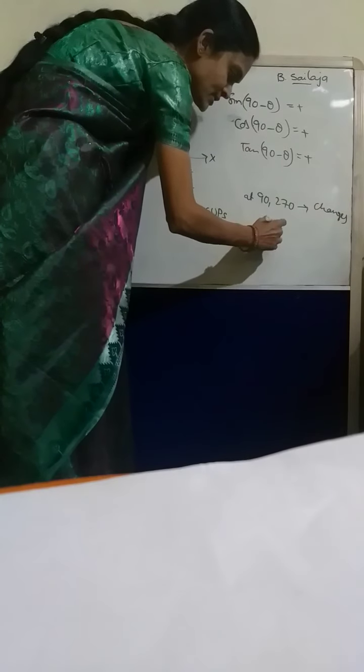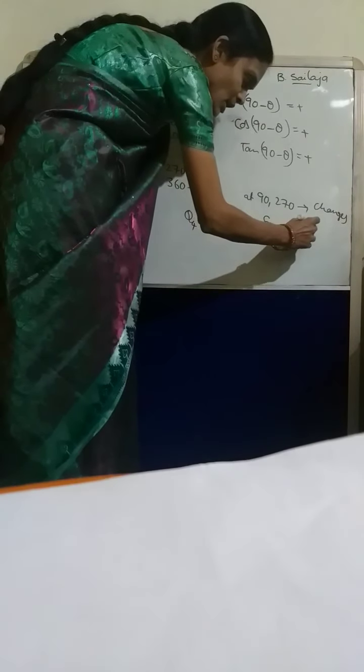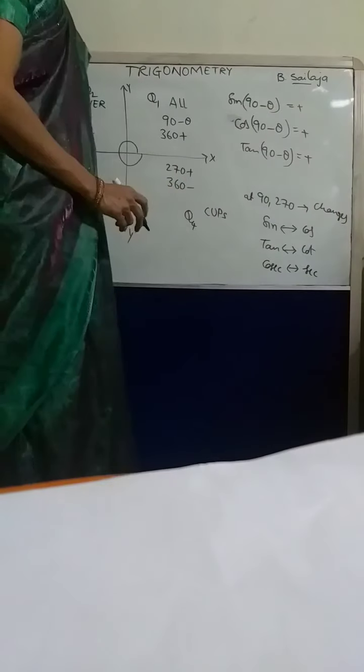How do they change? Sin changes to cos, cos changes to sin. Tan changes to cot, cot changes to tan. Cosec changes to sec, sec changes to cosec, when the angles are 90 and 270.